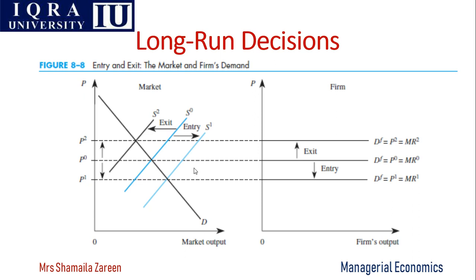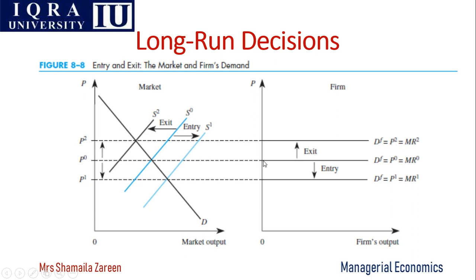If firms in a competitive industry sustain short-run losses, in the long run they will exit the industry since they are not covering their opportunity costs. As firms exit the industry, the market supply curve shifts from S0 to S2, thus increasing the market price from P0 to P2, which in turn shifts up the demand curve for an individual firm's product, which increases the profits of the firms remaining in the industry.